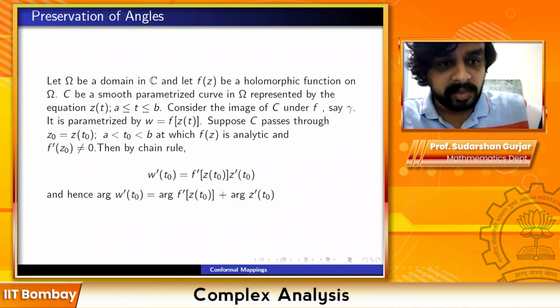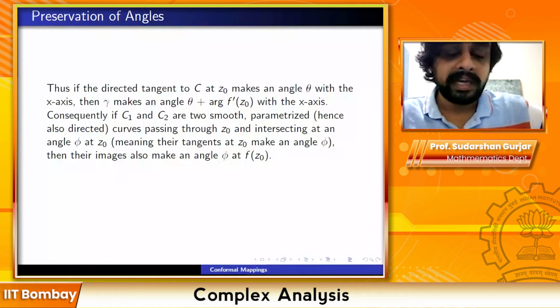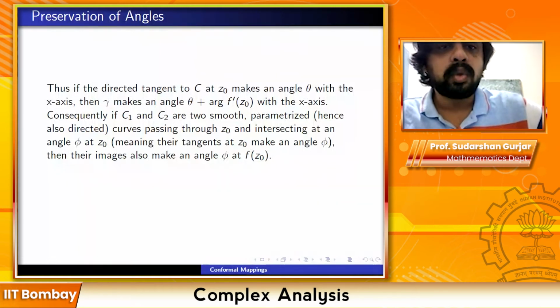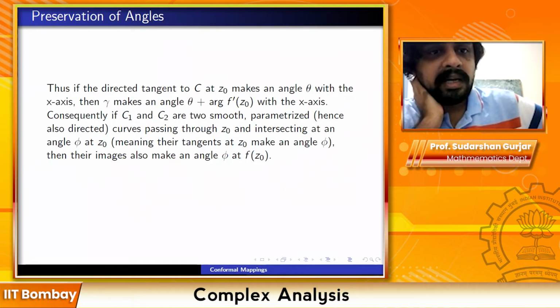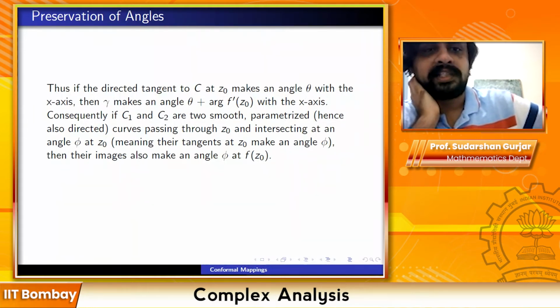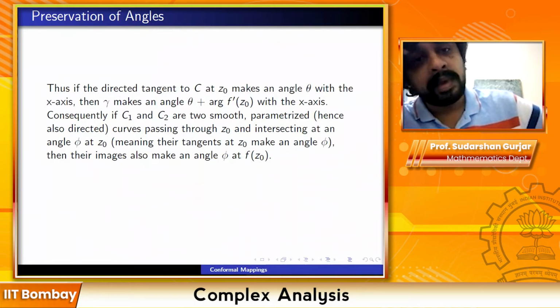This being the case, if the directed tangent to C at z0 makes an angle theta with the x-axis, then gamma makes an angle theta plus argument of f prime z0 with the x-axis. Take any parameterized curve. Once you have a parameterized curve, then at any point you have the directed tangent.